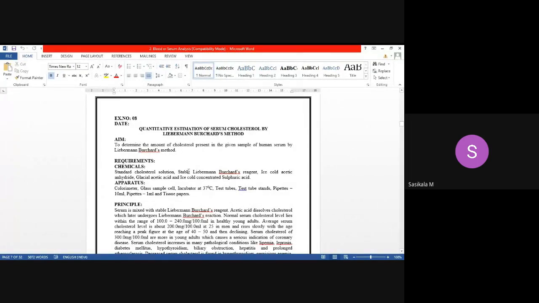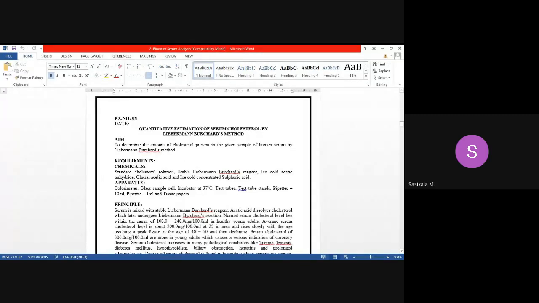Then the next one, stable Liebermann-Burchard's reagent, then ice cold acetic anhydride. That is the reagent taken to prepare Liebermann-Burchard's reagent.